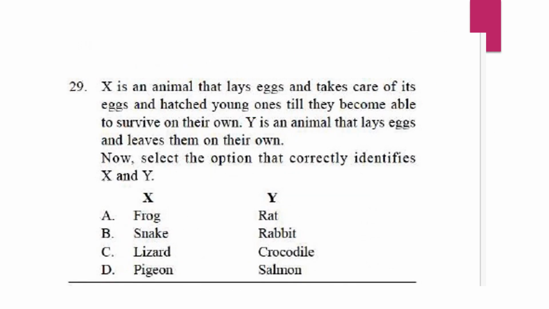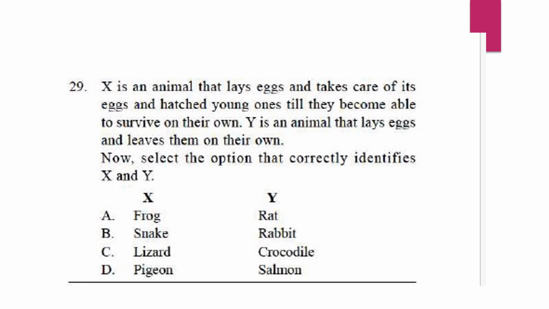Question number 29. X is an animal that lays eggs, takes care of its eggs and hatches young ones till they become able to survive on their own. Y is an animal that lays eggs and leaves them on their own. Now select the option that correctly identifies X and Y. Here X is frog, snake, lizard, pigeon.